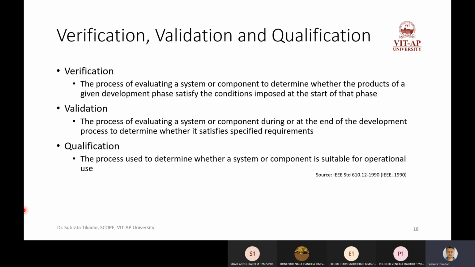In this case, the examiner just follows the development process, assuming that all the earlier development phases have been completed correctly. So this is the assumption here. For verification, the examiner assumes that the earlier development phases have been completed correctly. They have to just verify the current module or current portion, assuming that the other things are done properly.